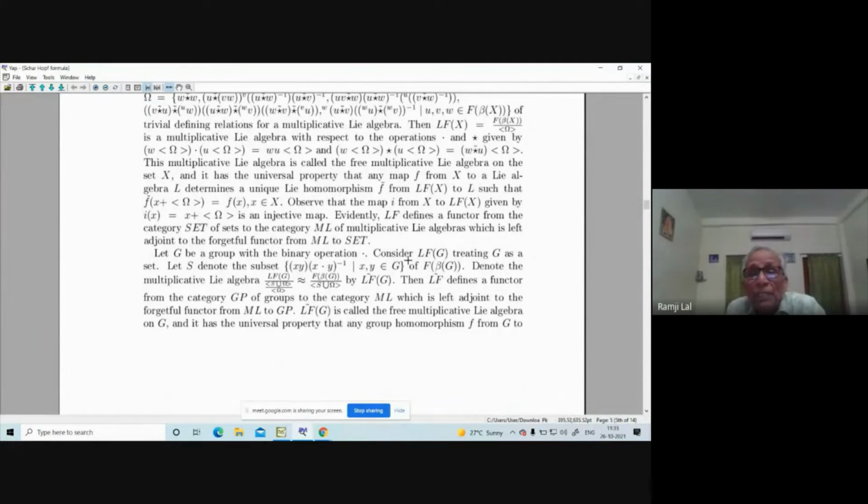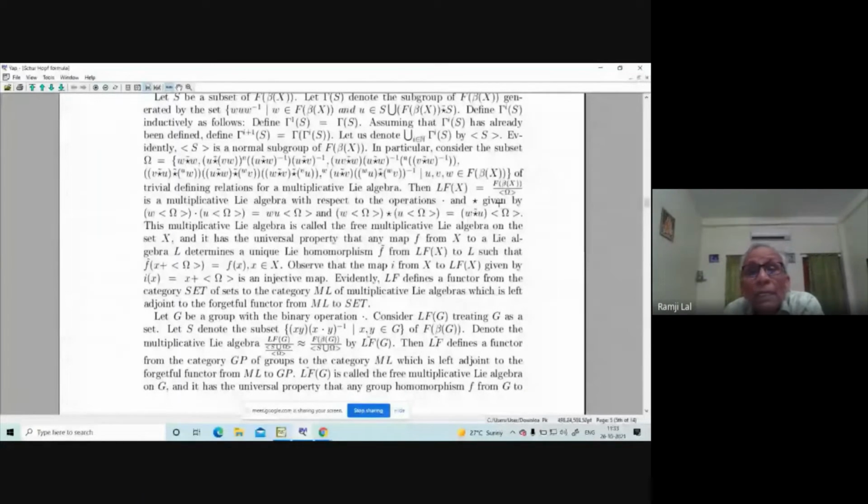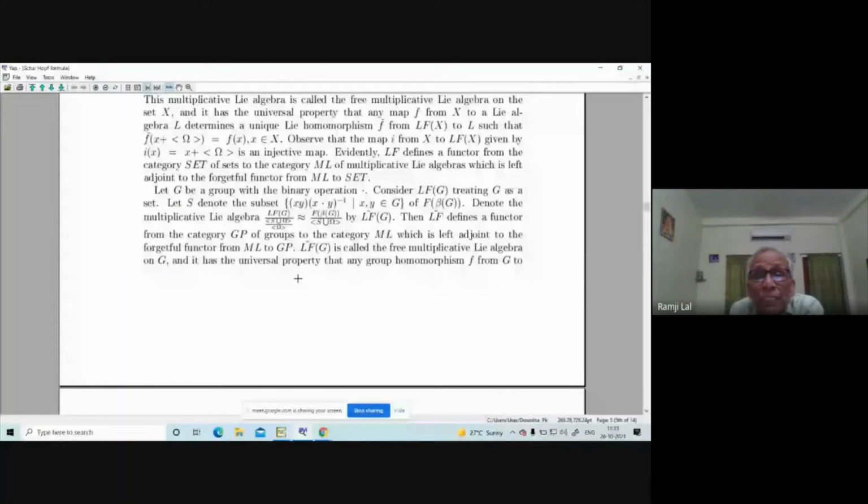Consider L(F(G)) treating G as a set, and let S be the subset of this F_β(G), which indeed was the multiplicative defining relations for G. So look at this S and S union Ω, and look at the earlier defined S union Ω, γ(S) here, to define the multiplicative Lie algebra here. Therefore this L(F(G)) is again a free multiplicative Lie algebra on G.